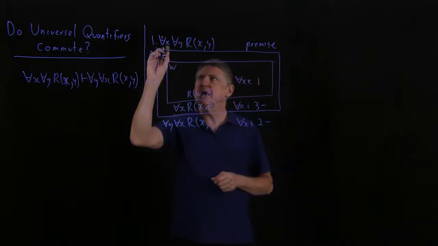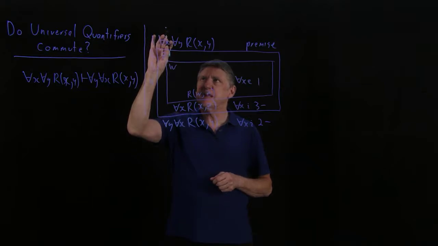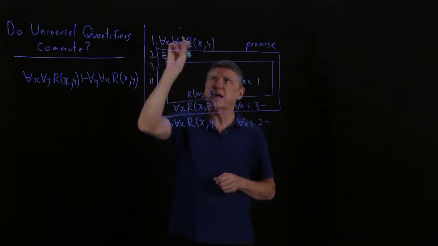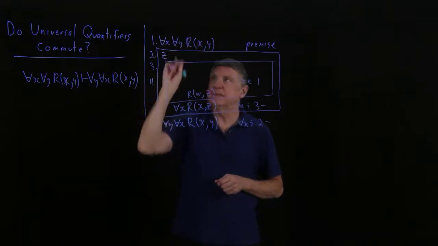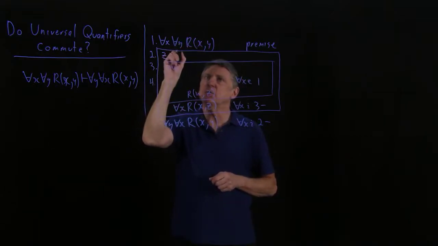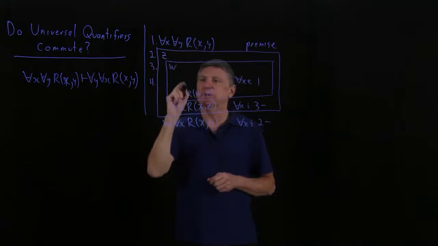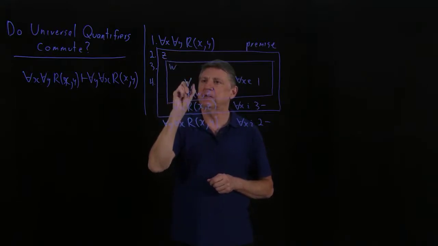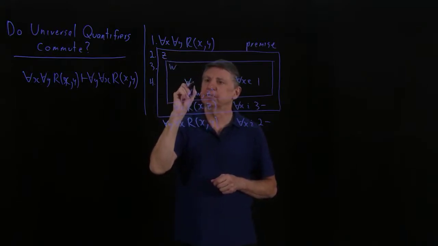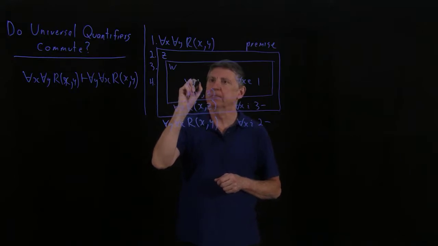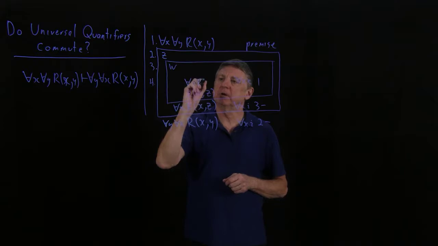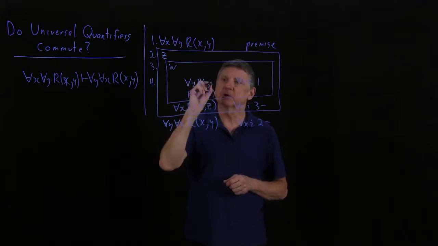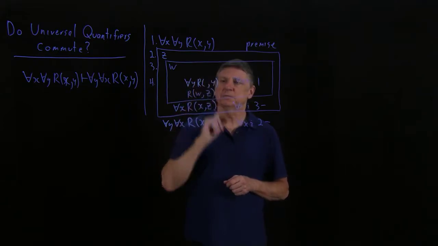And when I do that, it'll get rid of this x, and I'll have to substitute something in place of x. So I'll write down what I'm going to be left with, and then I'll figure out how to fill that in. What I'm left with for sure is for all y, r, and then I'm not sure what I'm going to put in for that, but I know for sure that y appears.